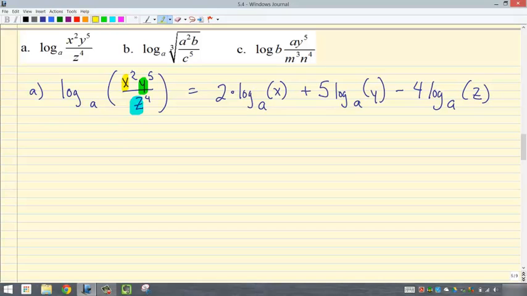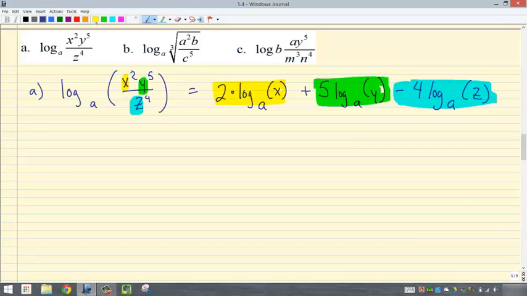So here's where we simplified the x term, here's where we simplified the y term, and here's where we simplified the z term. And it's important to notice that the z term has a negative in front of it. What the sign in front of each one indicates is its location in the fraction. Anything with a positive in front of it is in the numerator, and anything with a negative is in the denominator.